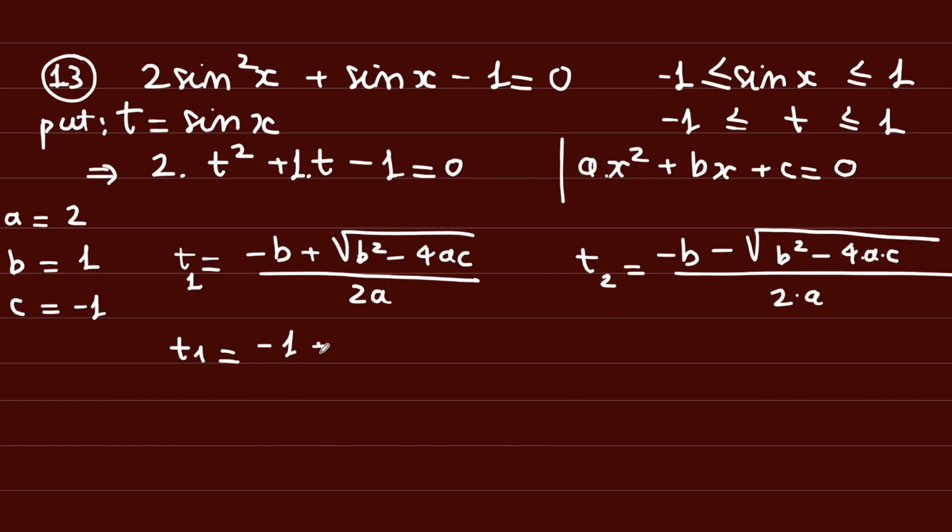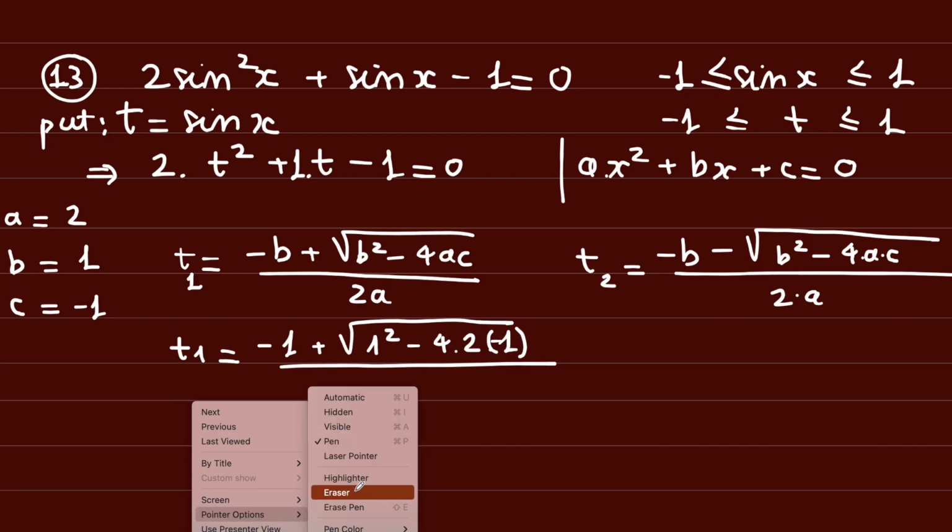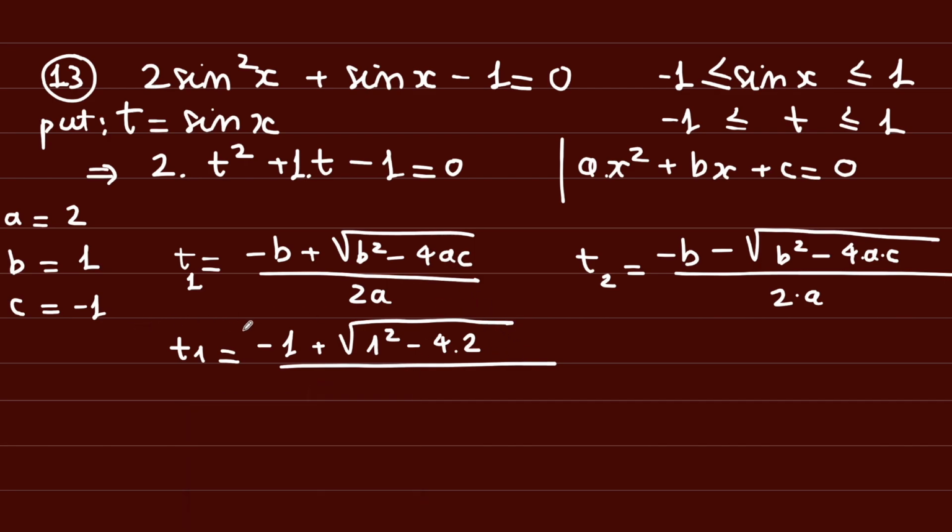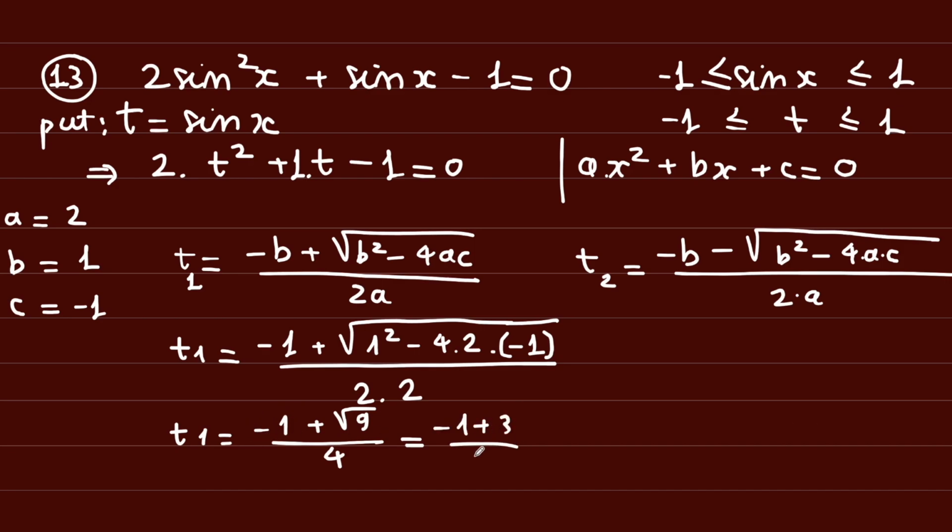Minus b means minus 1 plus the square root of 1 squared minus 4 times a times c. Be very careful about this step: you got the value of c equal to minus 1, so I think we should put minus 1 inside the bracket. And 2 times 2 here, so t1 is minus 1 plus the square root of 9, divided by 4. Here, 3 minus 1 is 2.